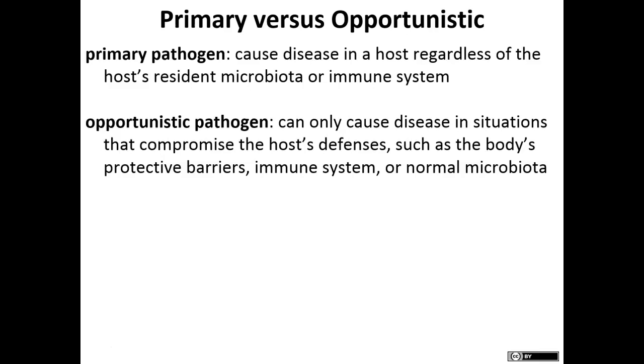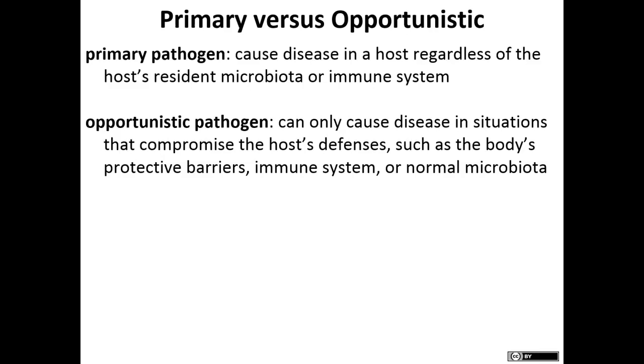An opportunistic pathogen, often also known as a secondary pathogen, causes disease in situations in which the host is already compromised. This could be part of your own microbiota.